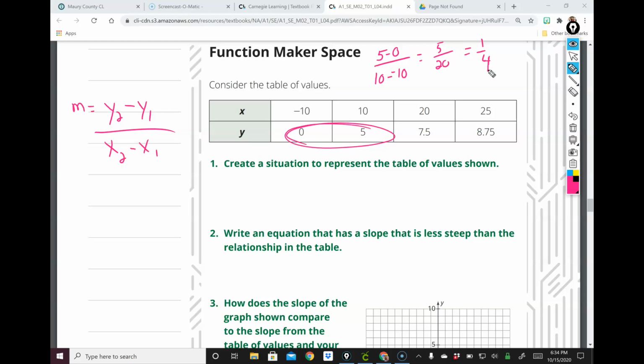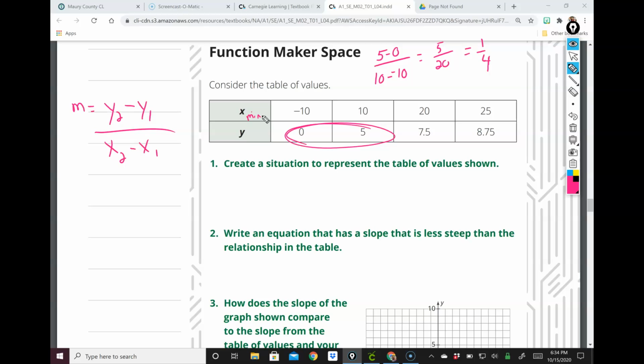So I could say that I'm reading a book, and I could say x is in minutes. Every 10 minutes I'm reading, I don't know, 2.5 pages. A lot of things that we could say here.